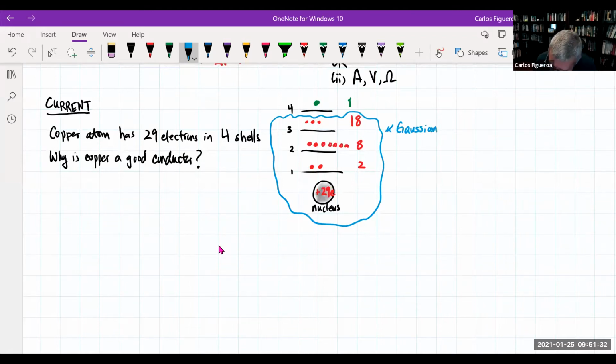If I look at the enclosed charge, Q enclosed, I'm going to have plus 29 protons, right? So these are the protons in the nucleus. And if you add up all of the electrons in the first three shells, you're going to find that there are negative 28 electrons.